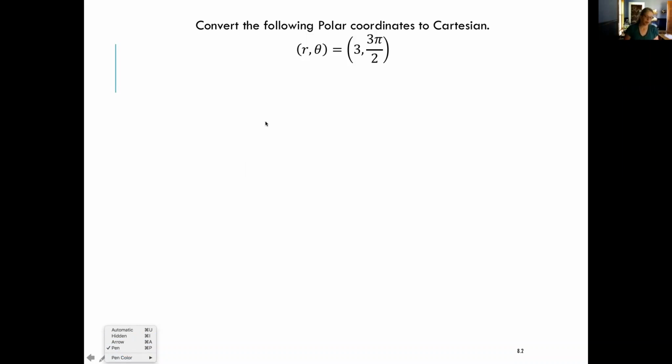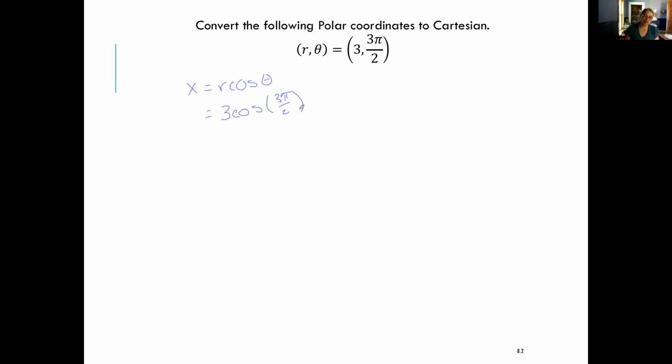Okay, so we know that x is equal to r cosine θ. So that's going to be equal to 3 times the cosine of 3π/2.